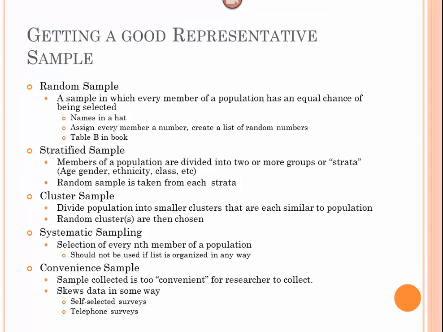A simple random sample is like names out of a hat. Stratified sampling is when we divide people into strata and then sample from each of those strata. A cluster sample is when we divide our population into mini populations, which are clusters, and then we choose random clusters to participate in our study. Systematic is every nth member of a population, and then we have convenience, the one we want to avoid.